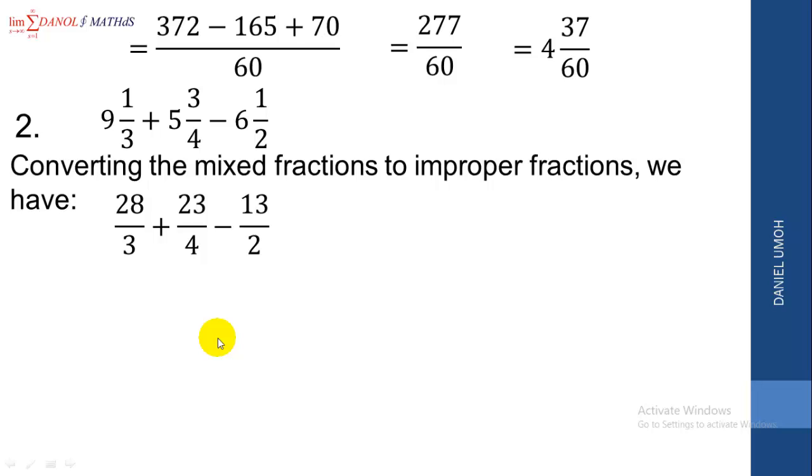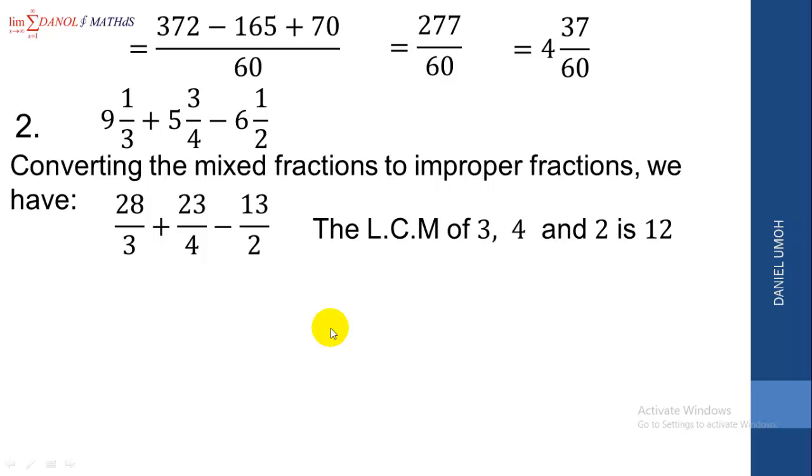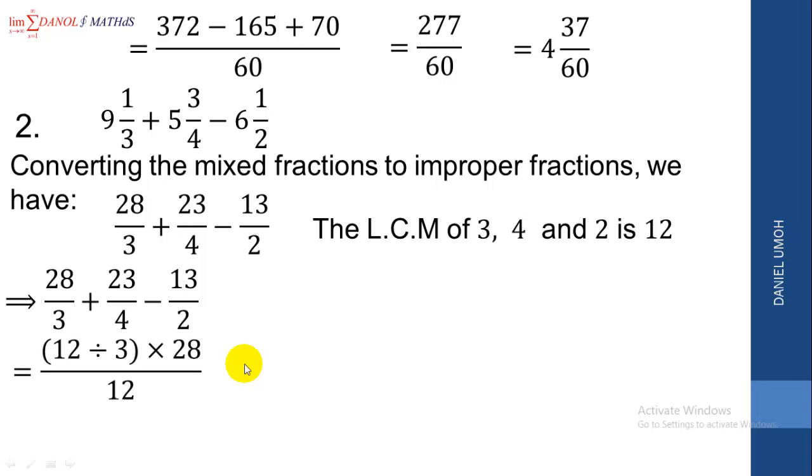Okay, now you can see clearly that the denominators are different. So because they are different, we are going to find the LCM. The LCM of 3, 4, and 2 is 12. You can confirm that. Okay, now we can say that 28 over 3 plus 23 over 4 minus 13 over 2 is equal to, we now use the LCM, we say 12 divided by 3 times 28 to get this, right?